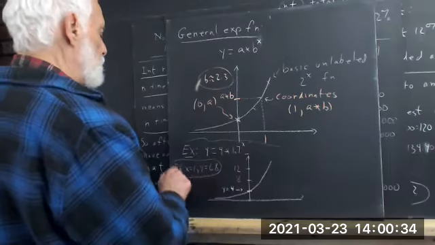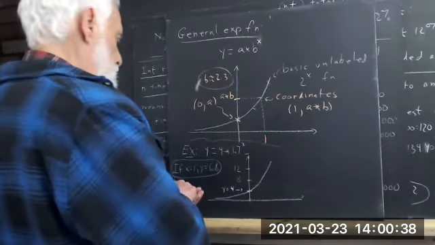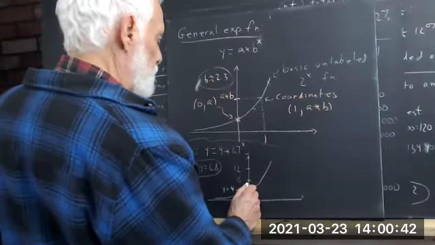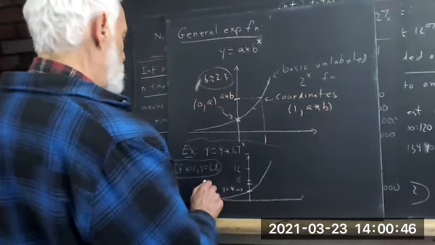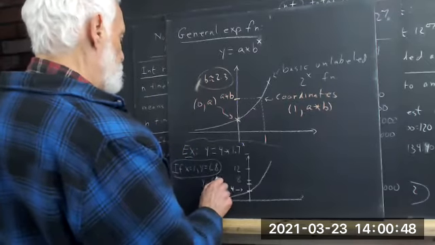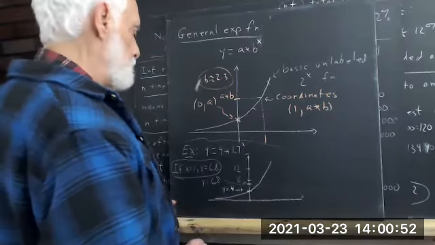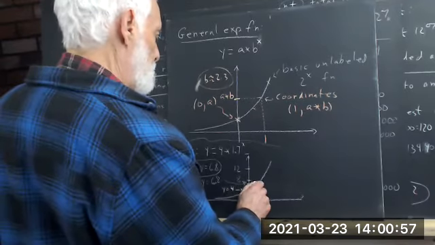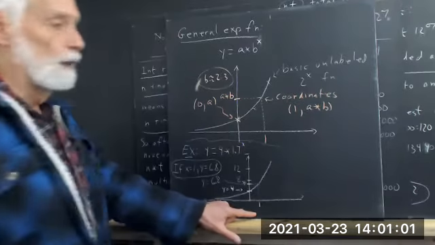If x equals 1, you can easily see that y is 6.8. And 6.8 is between 4 and 8, pretty close to 8. So here is y equals 6.8, meaning that this has got to be 1.